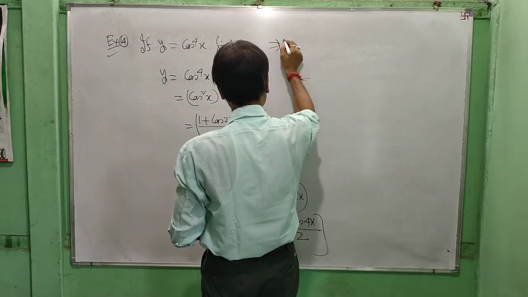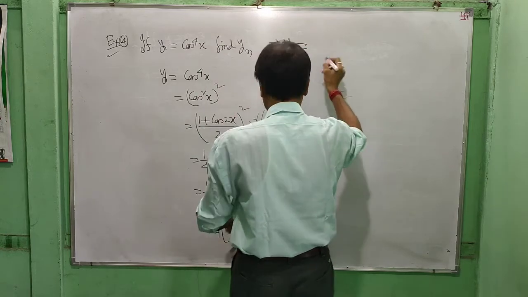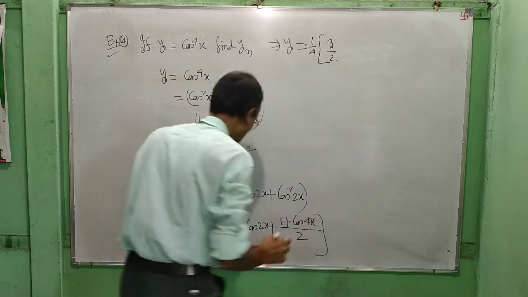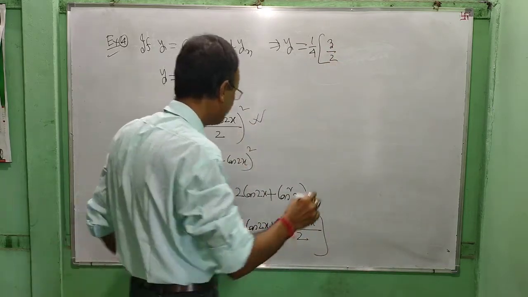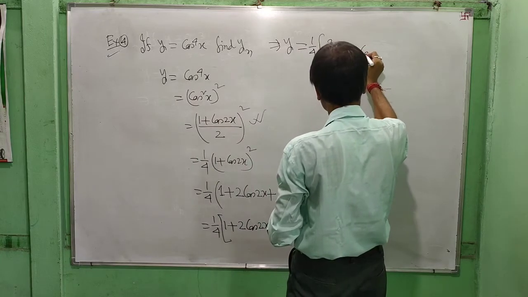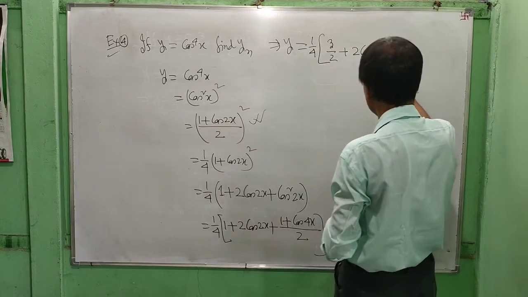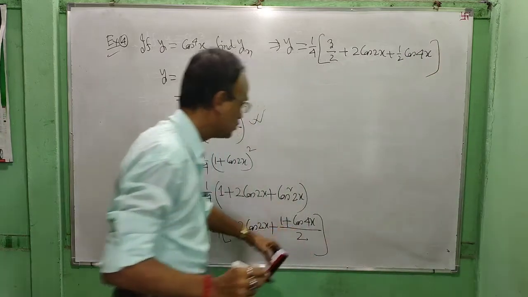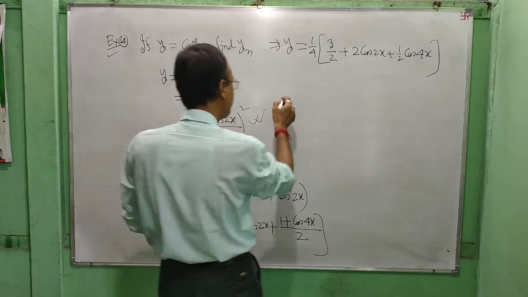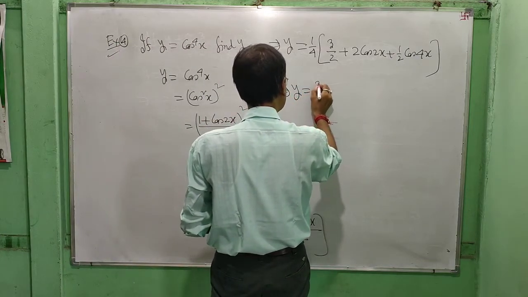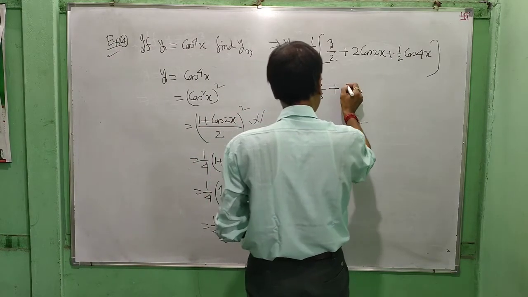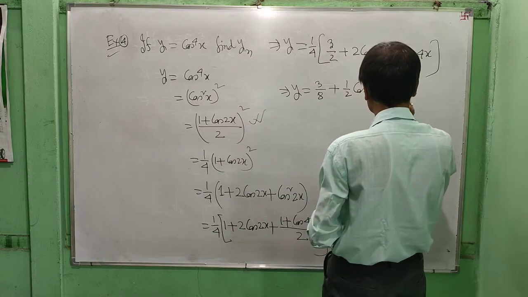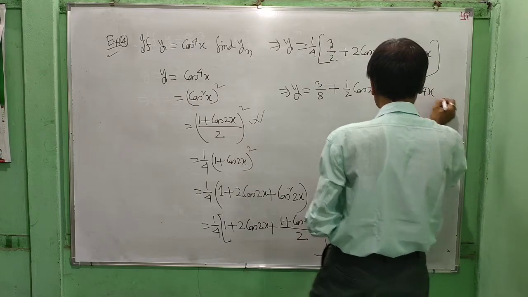This means y is equal to 1 by 4 (it will be 3 by 2, 1 plus 1 by 2, plus 2 times cos twice x, plus 1 by 2 cos 4x). This means y is equal to 3 by 8 plus 1 by 2 cos twice x plus 1 by 8 cos 4x.